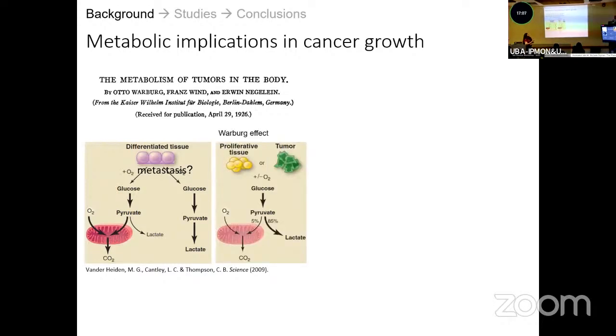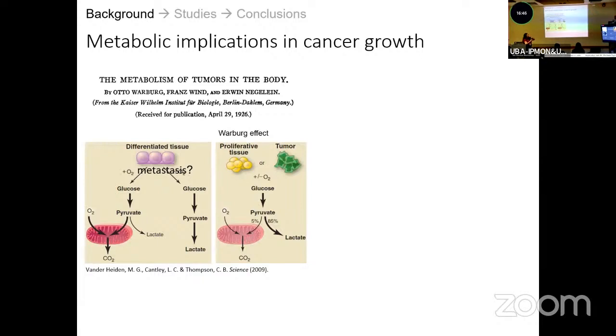However, tumor cells and proliferative tissue like stem cells can actually produce ATP whether there's oxygen in the environment or not. Typically, OXPHOS happens when there's oxygen present. When there's a lack of oxygen, glucose gets broken down and makes around 85% lactate.